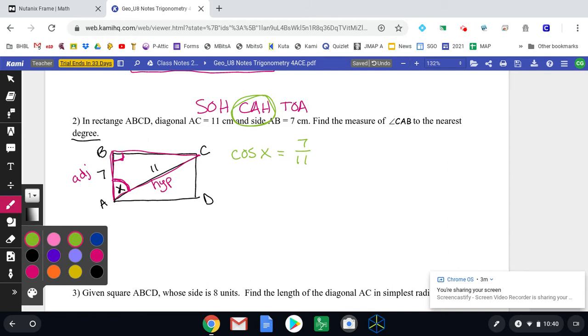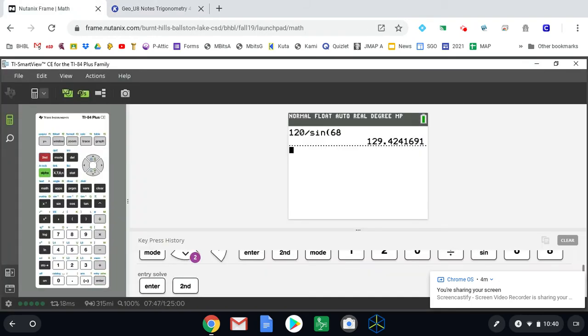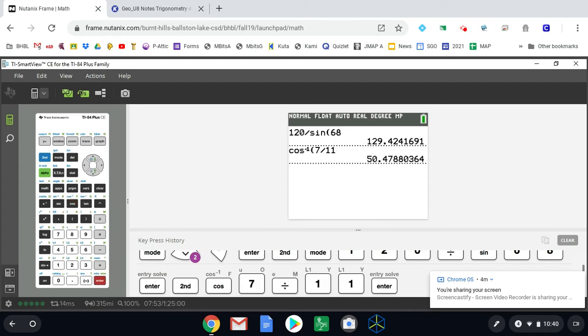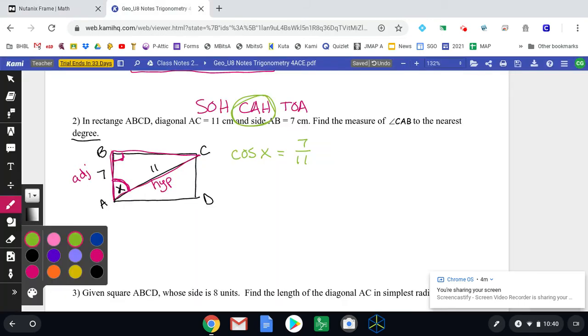Now on my calculator, I'm going to use my second cosine function, 7 over 11. This one did say the nearest degree. It's going to be about 50 degrees. So the measure of angle CAB is approximately 50 degrees.